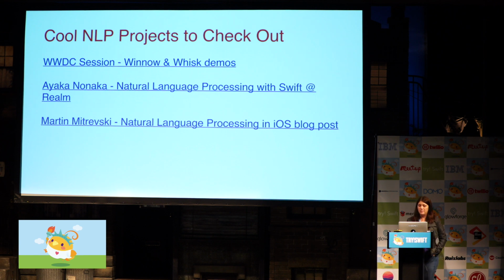It's like a spam detector, a little complex, but I definitely recommend checking out that talk. The only thing is that it's not up to date. It's a couple years old, so it's not using the Swift 4 APIs, but it's pretty similar. You can follow along. And the last is Martin, who has a great blog post written recently where he's using a simple algorithm along with the APIs to find key terms in some of his blog posts.